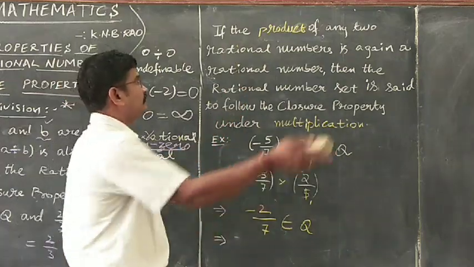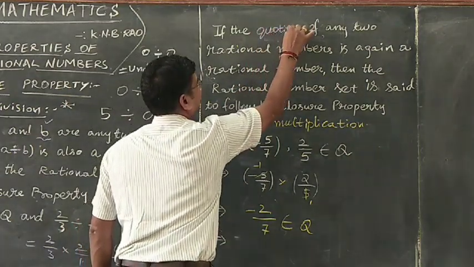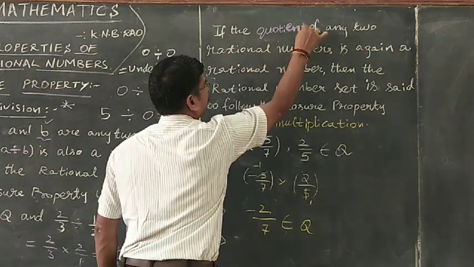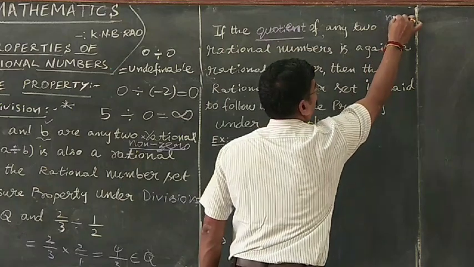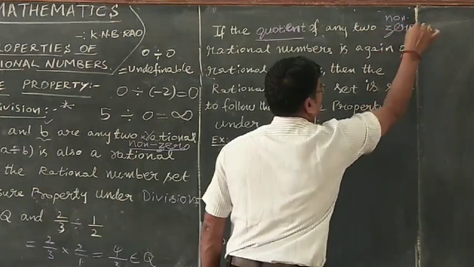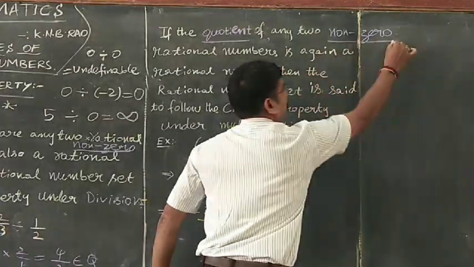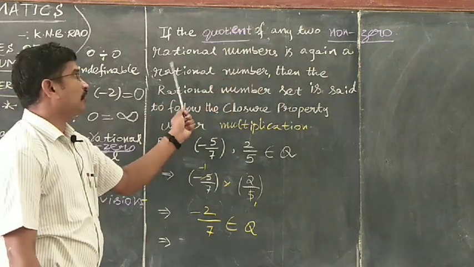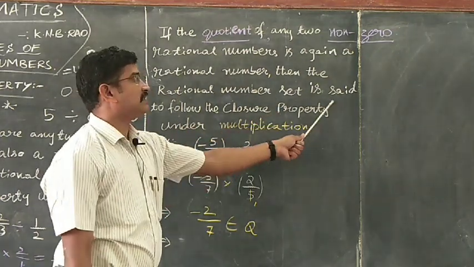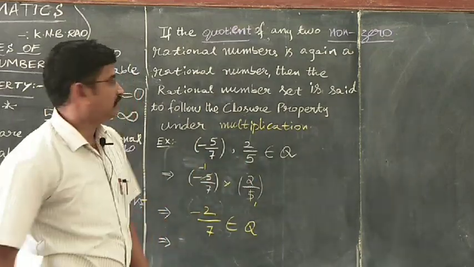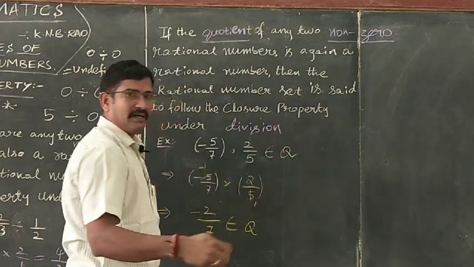See the changes here: Q-U-O-T-I-E-N-T, if the quotient of any two non-zero, important here, rational numbers is again a rational number, then the rational number set is said to follow the closure property under division.